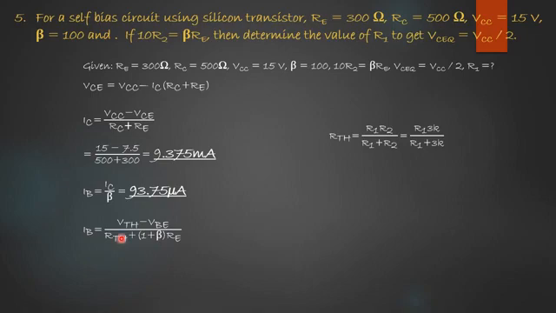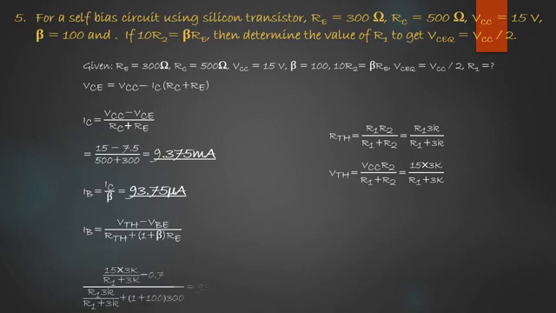We can substitute that here for RTH, and we also need to know VTH, which is VCC R2 by (R1 plus R2), so VCC into 3K upon (R1 plus 3K). Now in this expression we can substitute for VTH and RTH, and VBE we can assume to be 0.7 volts, and beta and RE we know.